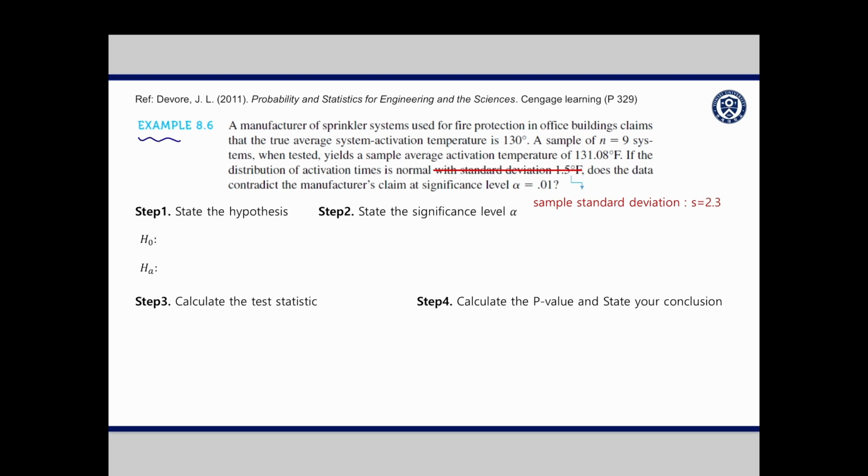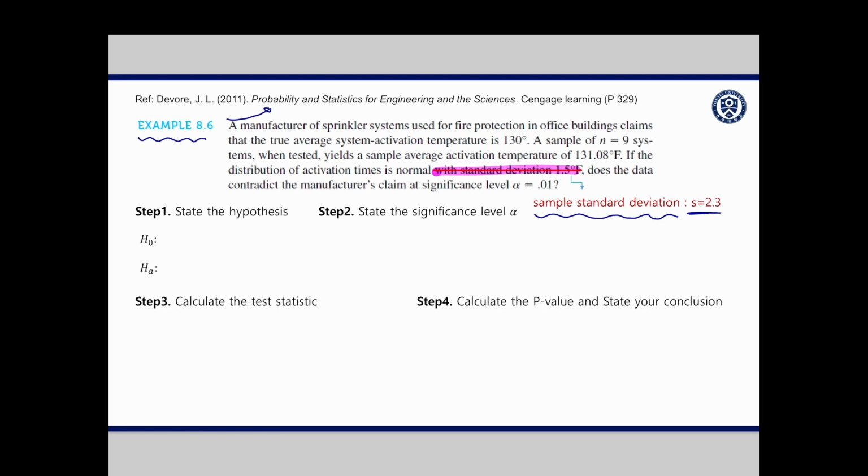This problem case is covered in our supplementary textbook. So in this example, we assume the population standard deviation is unknown. Instead, let's assume that we know the sample standard deviation small s equals 2.3.